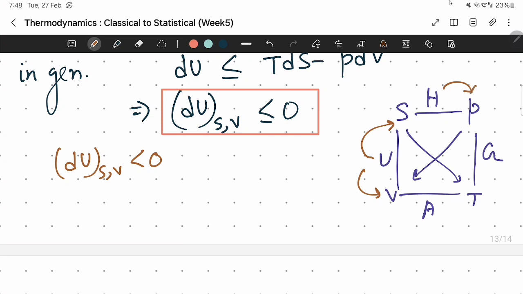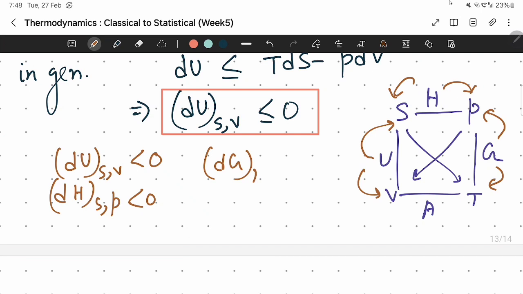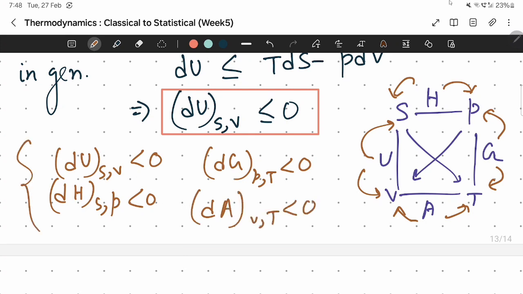H is connected with S and P, so del H at S and P should be less than 0 for spontaneous processes. Del G at P and T should be less than 0, and dA at V and T should be less than 0 in general. So this is a trick. Okay.